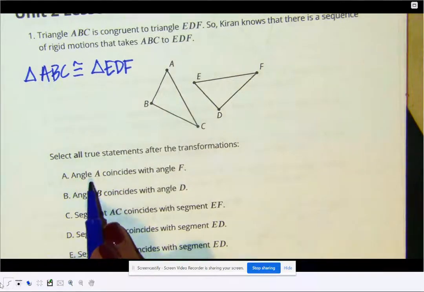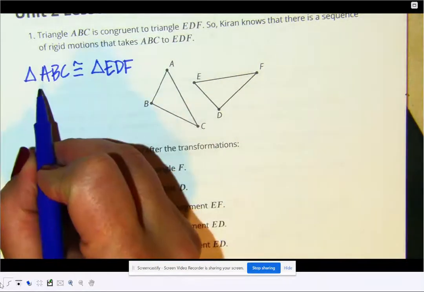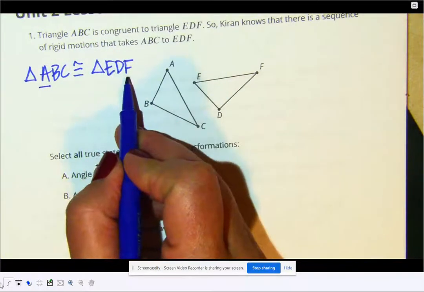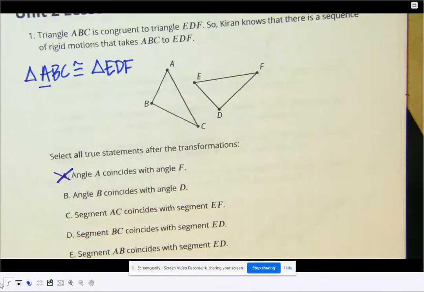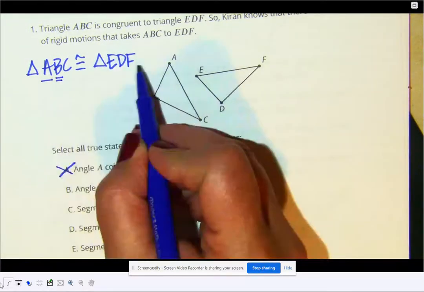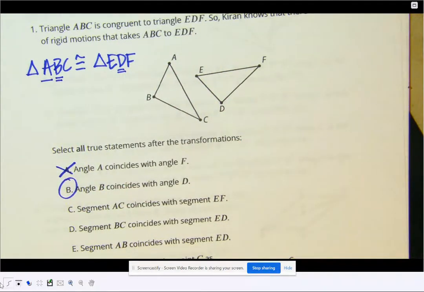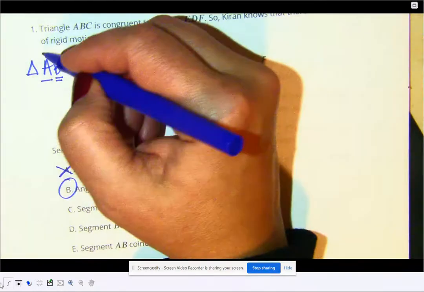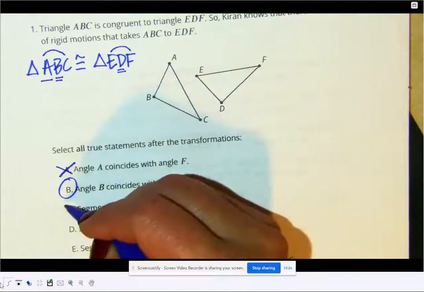So does angle A coincide with F? Well, let's just look at the statement. A is the first. Is F the first letter over here? No, they do not coincide. B coincides with D. B is the second to the second. Yes. Segment AC coincides with EF. Yes.